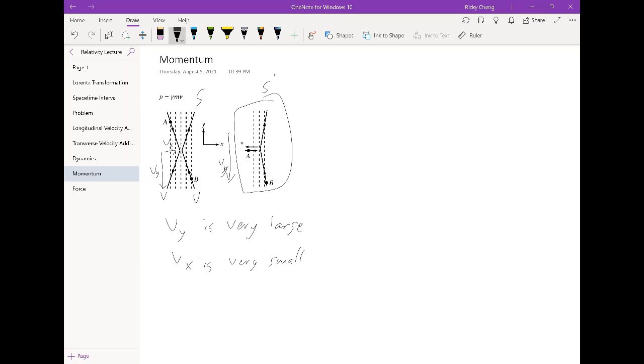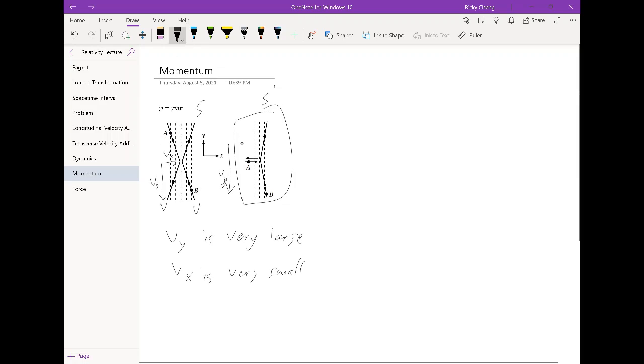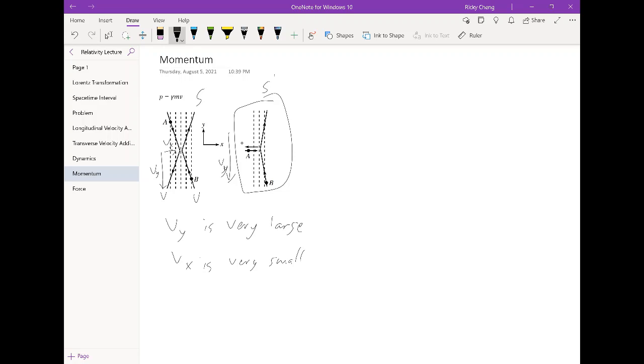Since it's moving along with A, A no longer has a y component of velocity. It's only moving in the x direction. But B, since B was moving in the opposite direction of A, still has a y component of velocity moving upwards.